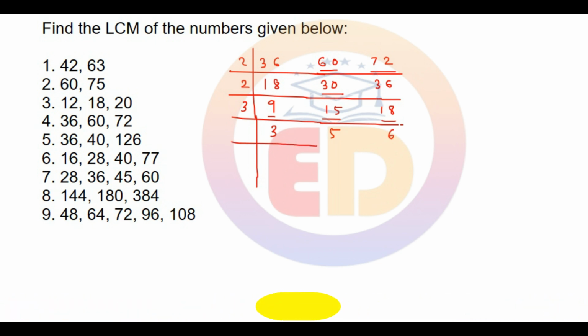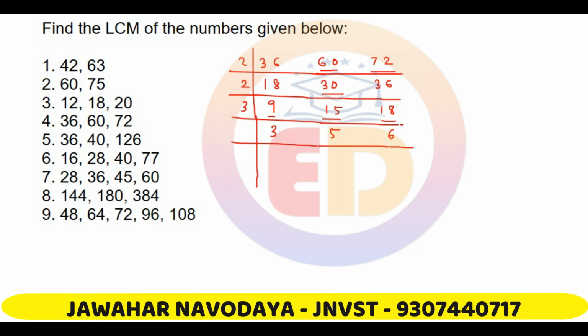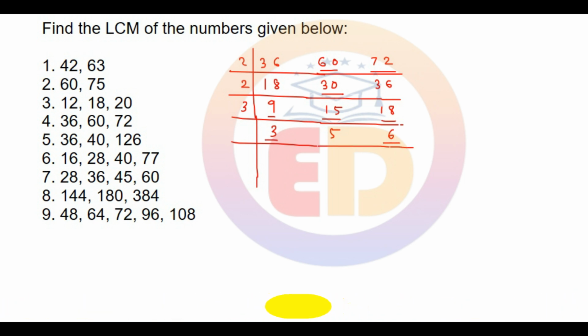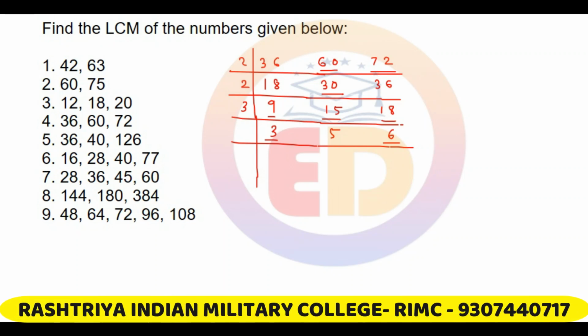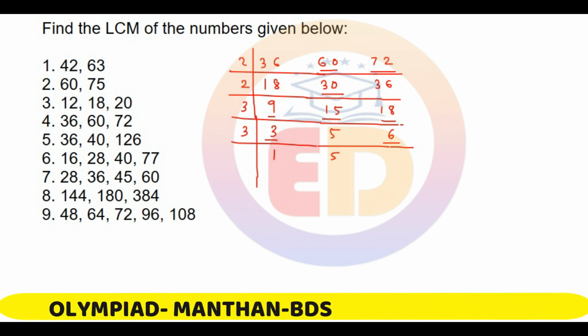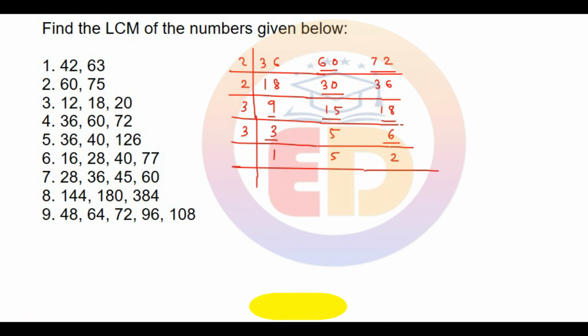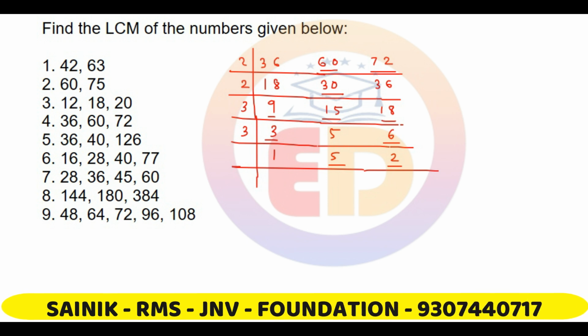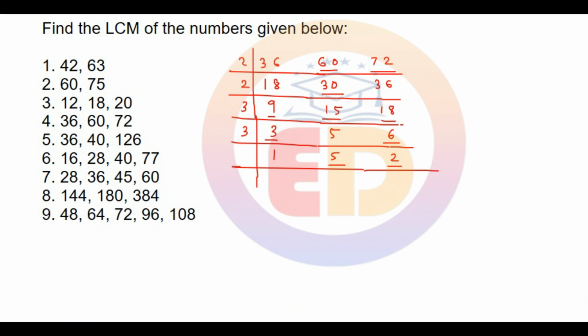Now the three numbers are 3, 5 and 6, out of which 3 and 6 are divisible by 3. So let us divide by 3, as 3 1s are 3, 5 will remain as it is, 3 2s are 6. Now I have 5 and 2, which are prime numbers, and they will be divisible only by 5 and 2.